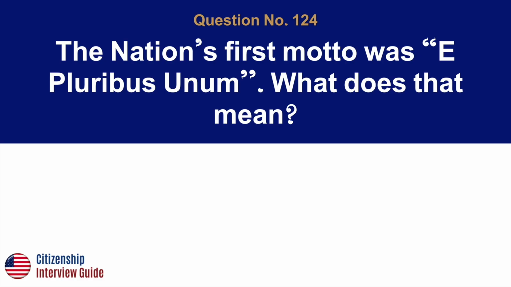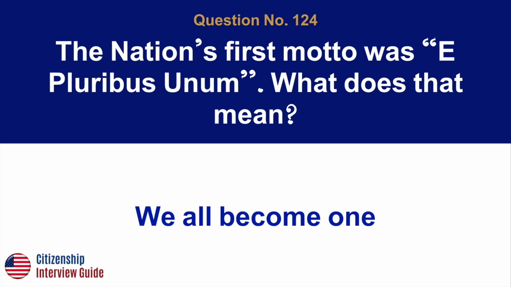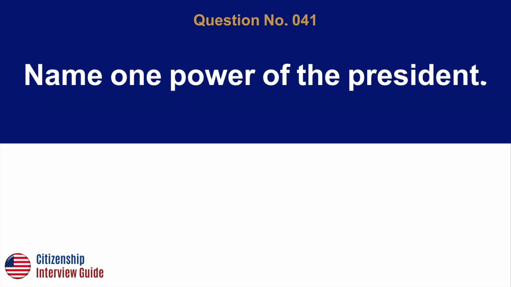The nation's first motto was E pluribus unum. What does that mean? We all become one. Name one power of the president. Vetoes bills.